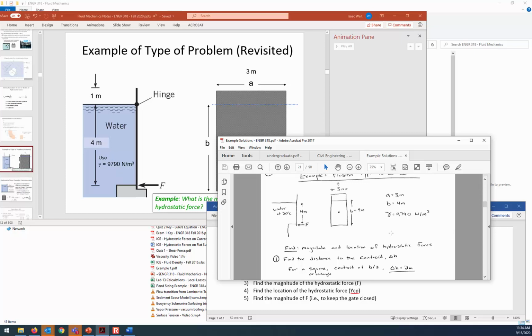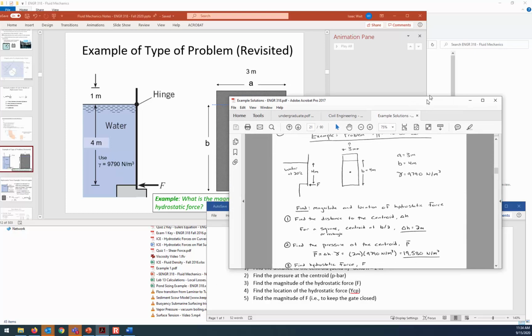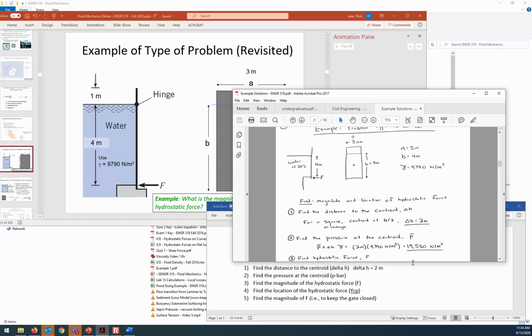You're just going to multiply 9790 by 2. And that tells you the pressure down at the centroid. So you can see here the pressure at the centroid, we're multiplying delta H by gamma. So it's 2 times 9790 newtons per meter cubed. So the pressure at the centroid is 19,580 pascals.